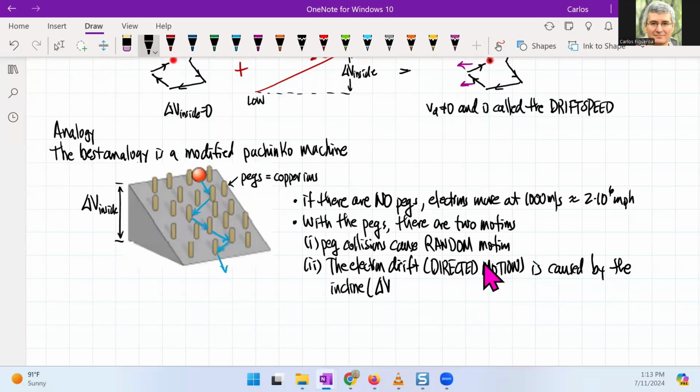In other words, inside there's a small voltage that's not equal to zero.